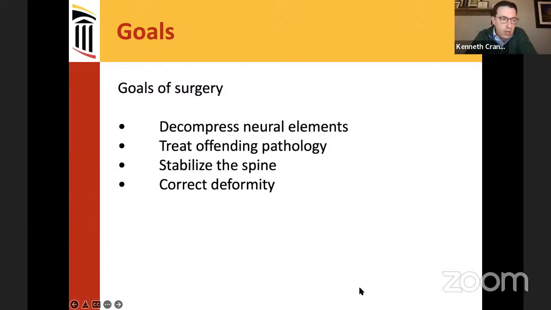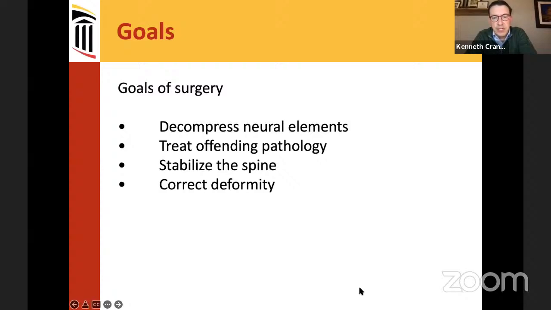If it's a tumor, performing a separation operation, removing it from around the spinal cord, debulking as much as you can safely debulk depending on what kind of tumor it is. If it's an infection, clearing the infection if antibiotics aren't able to completely take effect and treat the infection completely.